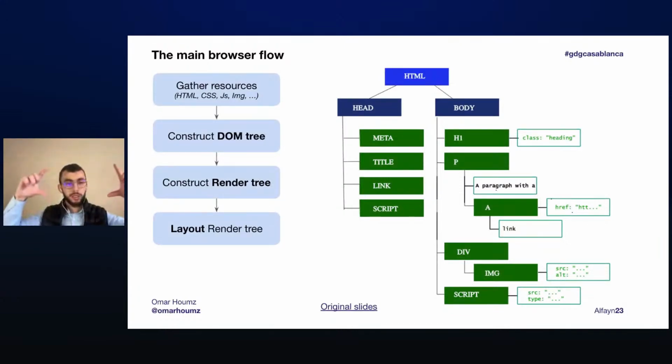After that, we have a big image with some text on it. After that, we have a list of blogs or something. So the render tree has the elements that we need to show, and in the layout step we say this element should be here, this element should be here. On the next step, we actually paint.